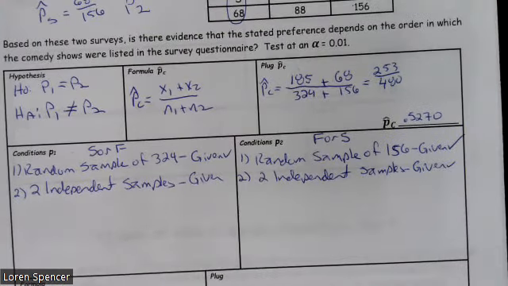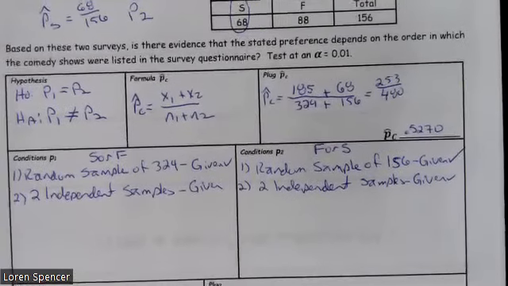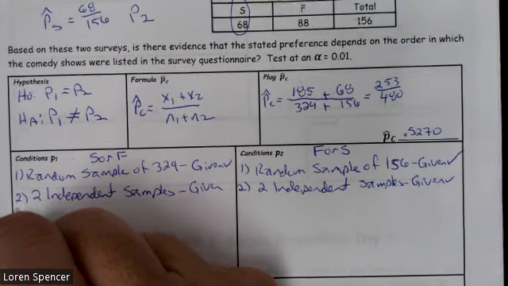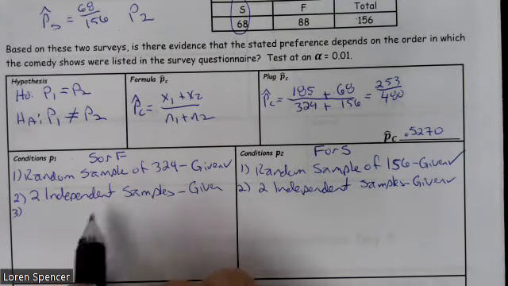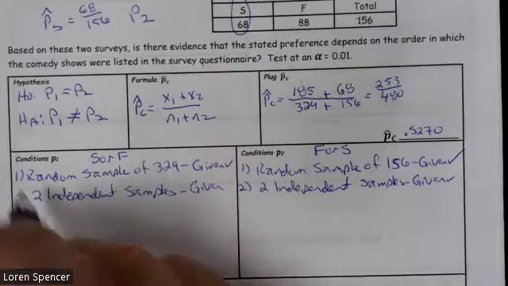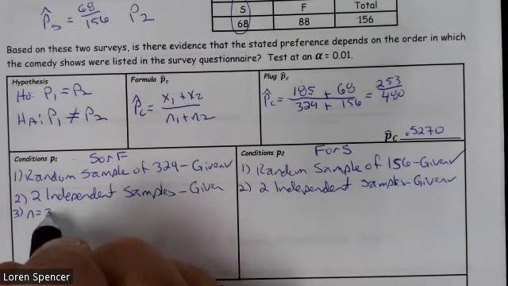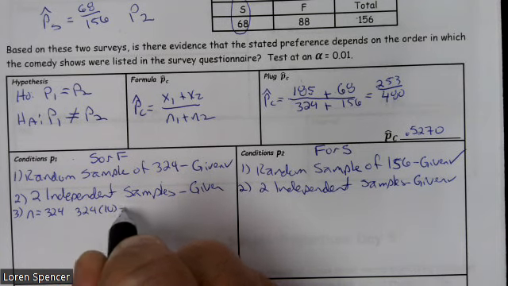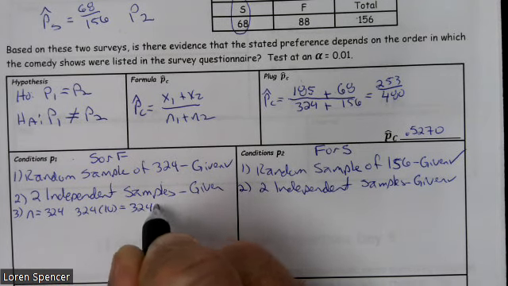Because we're working with random samples, we have to check that N is less than 10% of the population. So our first sample size was 324. So N equals 324. 324 times 10 is 3,240.